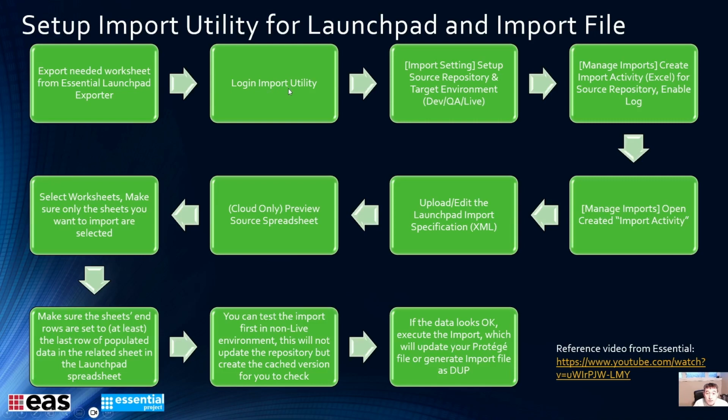And then we log into the import utility, which is a web app. Within that there are two major tabs we will touch on. One tab is the import setting. Through that, we will set up one source repository, which is just a naming, and we will set up several target environments.